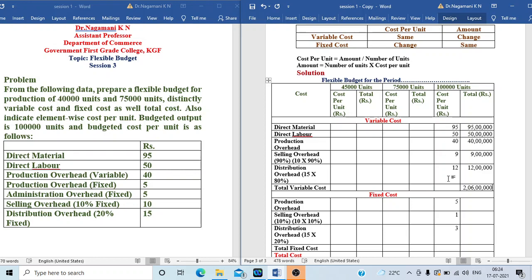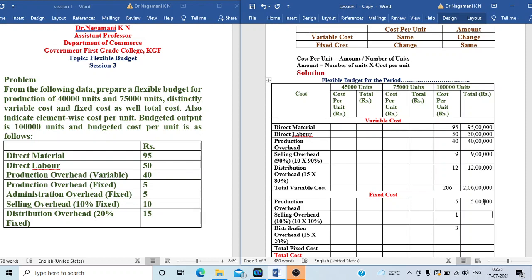And the cost per unit for variable cost is 206. Next, fixed cost. Production overhead is there. For that the amount we need to calculate is 5 into 1 lakh, 5 lakhs.